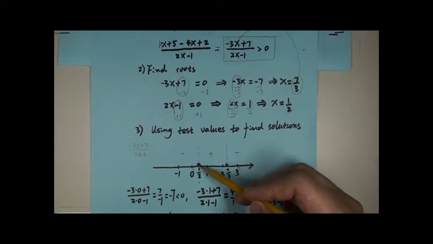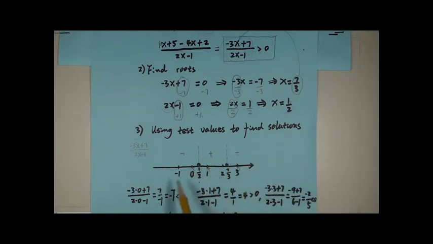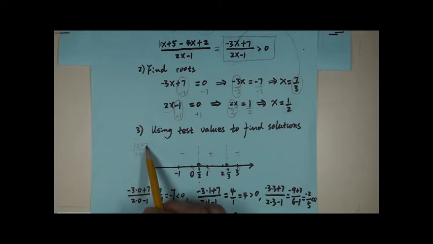Now, between 1/2 and 7/3, we choose 1. Negative 3 times 1 plus 7 is 4. 2 times 1 minus 1 is 1.